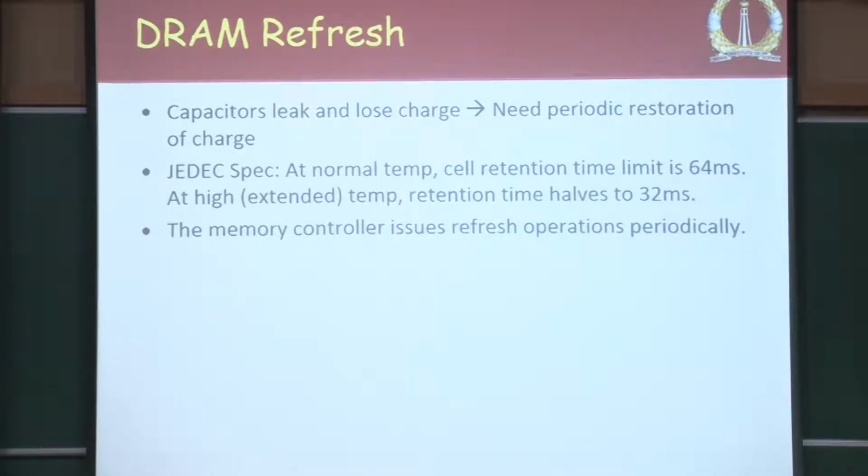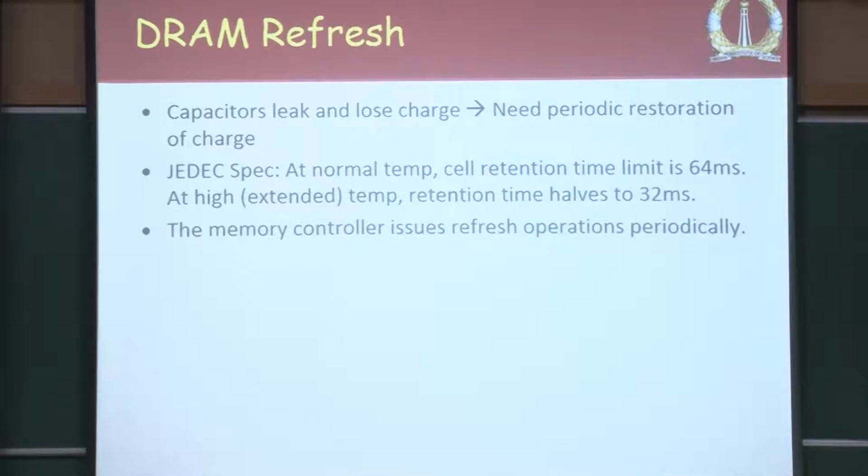This 2.6 milliseconds has to be spent only to refresh the device, and you have to do it once every 32 milliseconds. That means that in a 32 millisecond window, you have the DRAM device available to you only for less than 30 milliseconds, because in the other 2.6 milliseconds you are going to be busy doing the refresh.